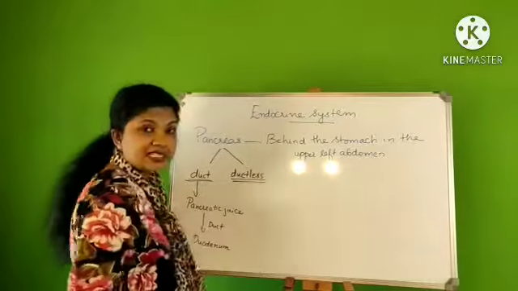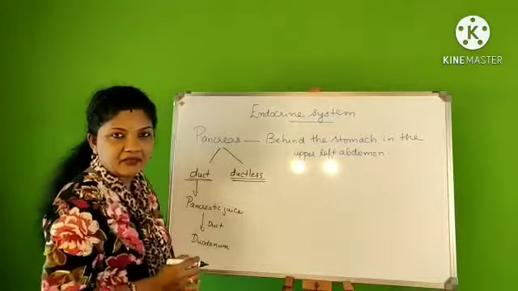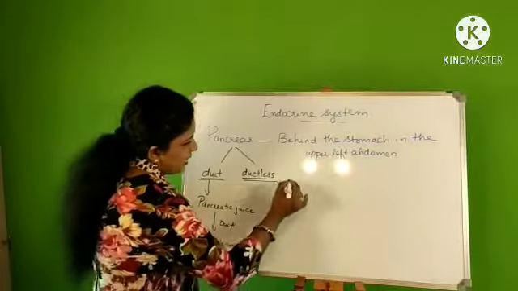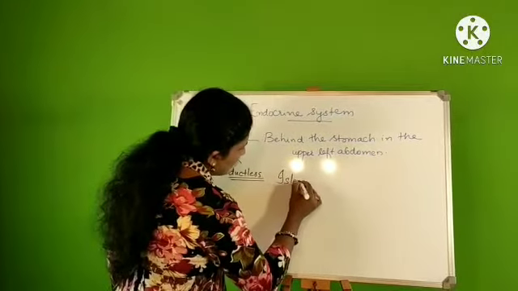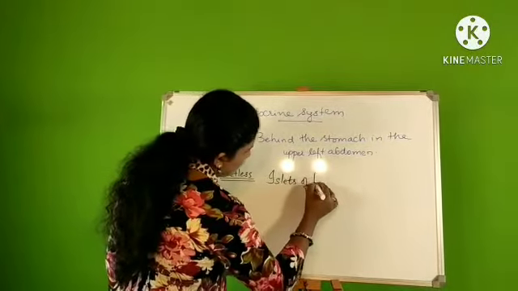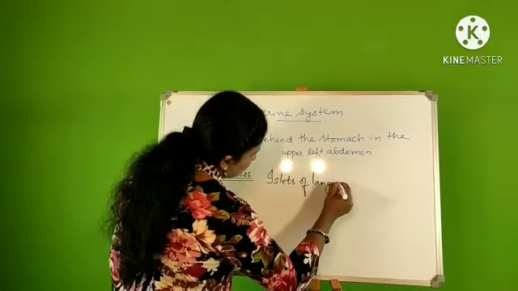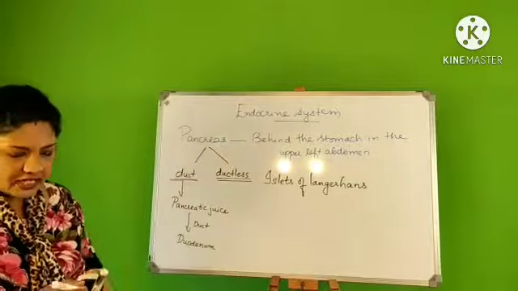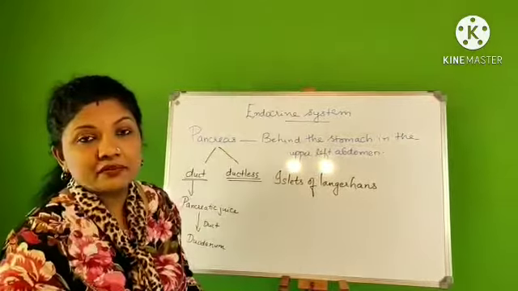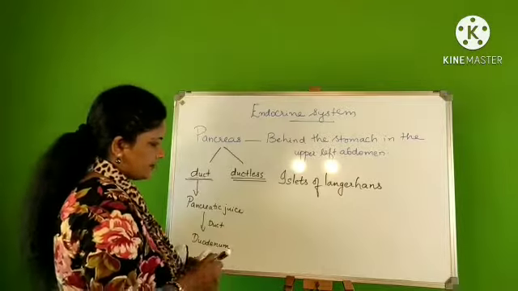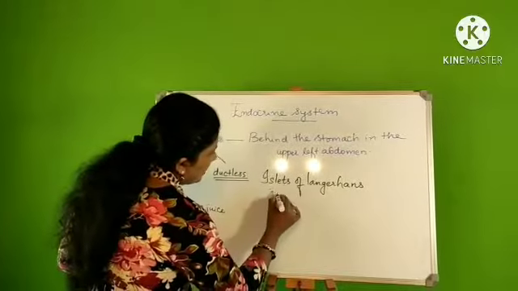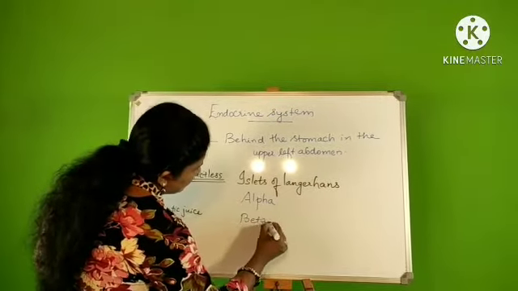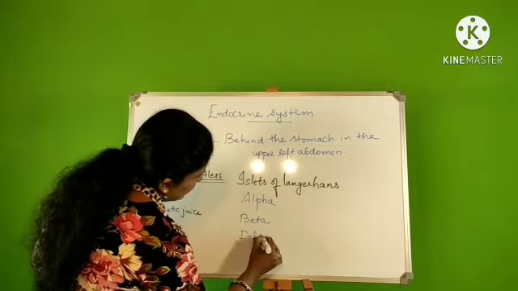As a ductless gland, the pancreas has certain hormone secreting cells, known as islets of Langerhans. The islets of Langerhans contain three types of cells: alpha cells, beta cells and delta cells.